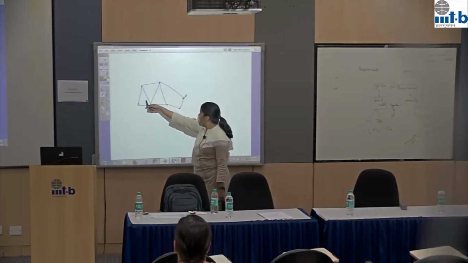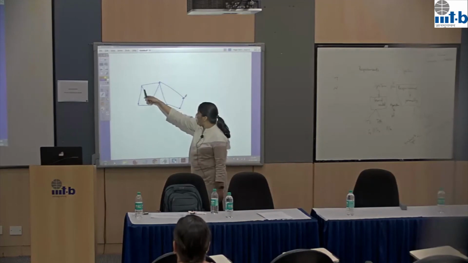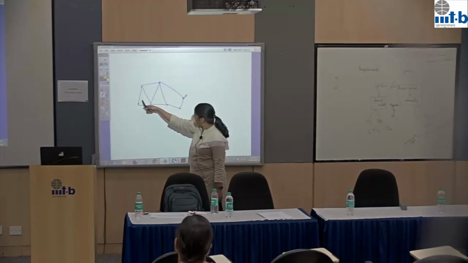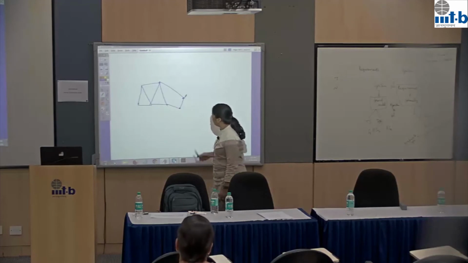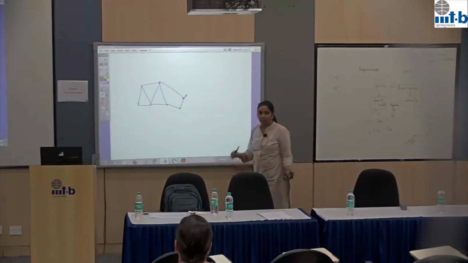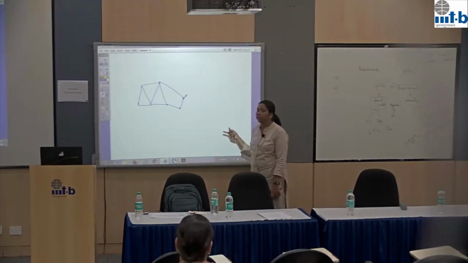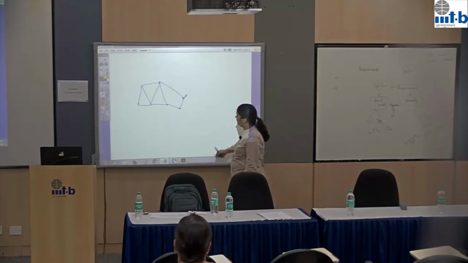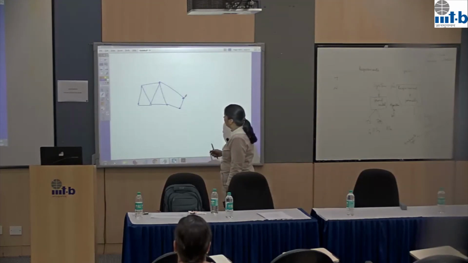There are several C3s, a C5, maybe a C7 also. You want to delete some vertices such that the remaining graph does not contain any odd cycle.